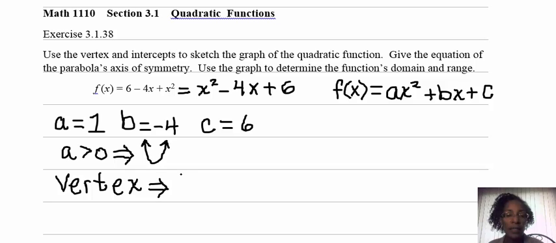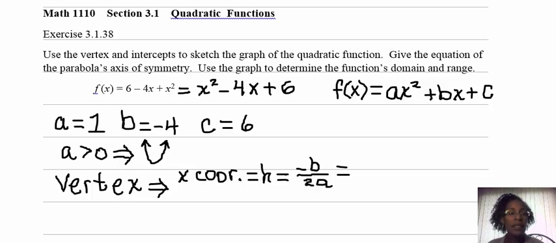So to find the x coordinate of the vertex, which we often call h, we calculate the value of negative b over 2a.